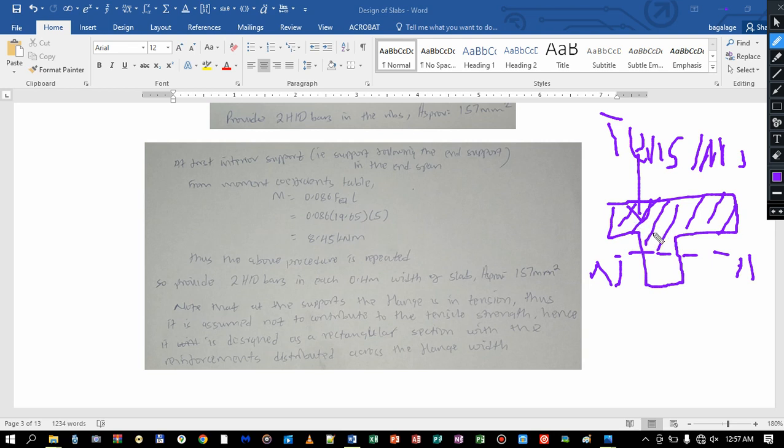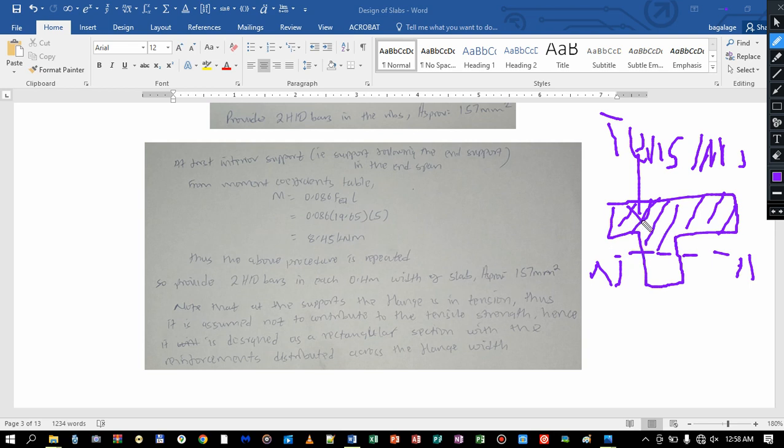And therefore, since concrete is weak in tension, we design assuming that the concrete is not contributing anything, and that the steel is taking up all the moments.